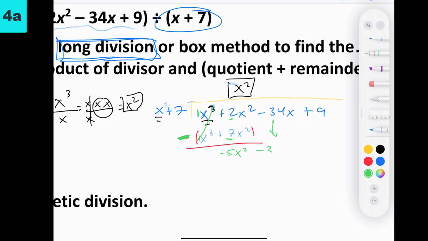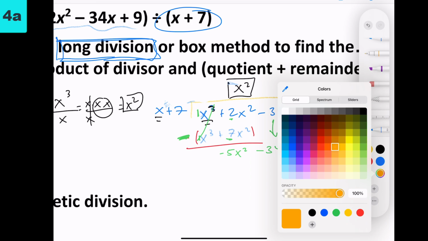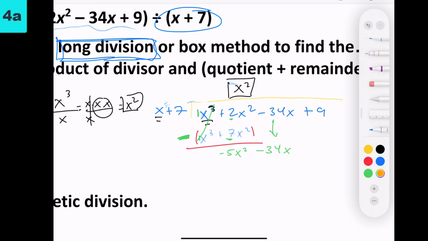We're going to bring down, and then we're going to do this again, negative 5x squared divided by x. And you'll notice it's just negative 5x. So that's what I'm going to use for above here.